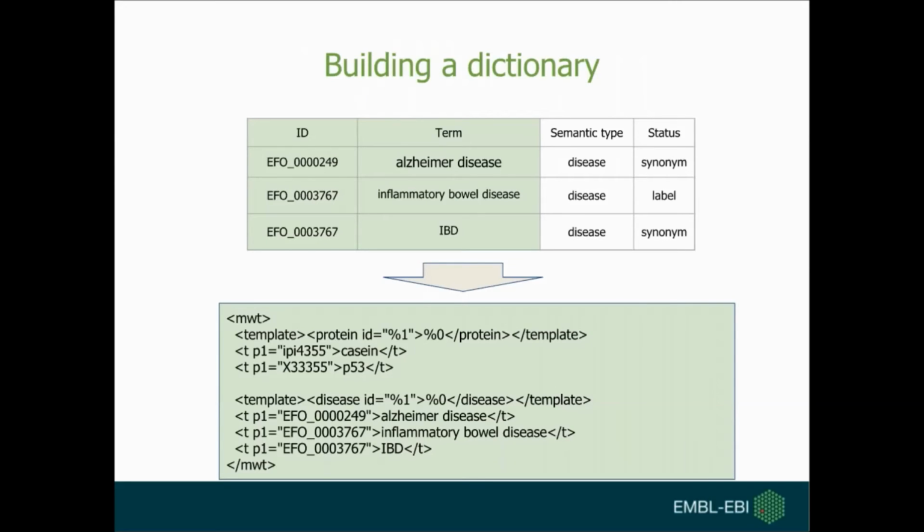Once you have a table and once you choose the relevant columns for your dictionary, now it's time to create an MWT file. This is just an XML file where you can specify those mappings from terms to IDs. In this file, there are two key elements. One is the template and the other is the t element.